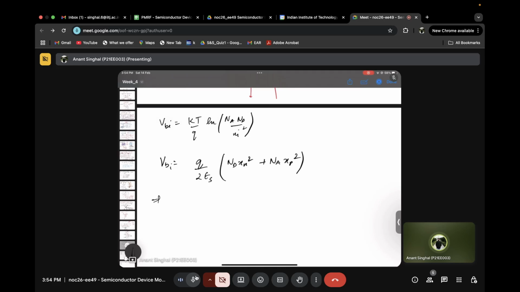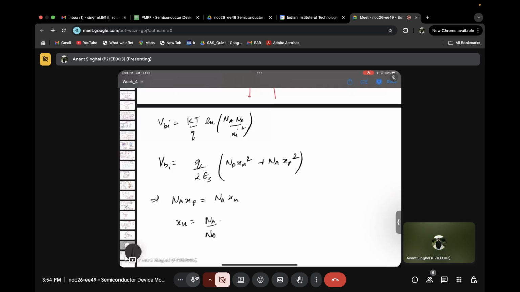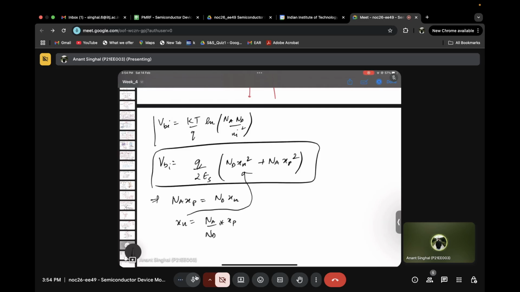And we already know that NA xp equals ND xn. This we have just established. So I can write xn, let's say in terms of p, as NA over ND times xp. So I will put this xn here now to calculate the final VBI. So this would be one formula for VBI.